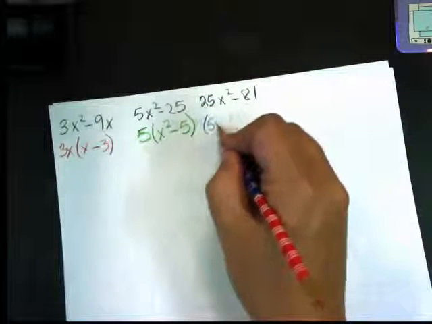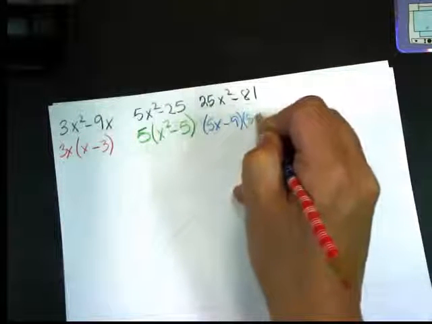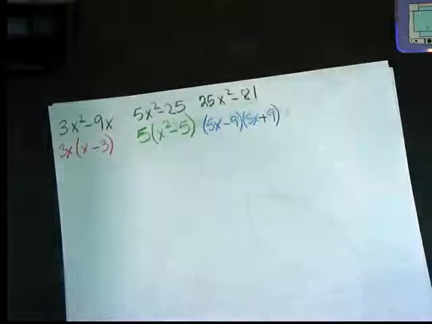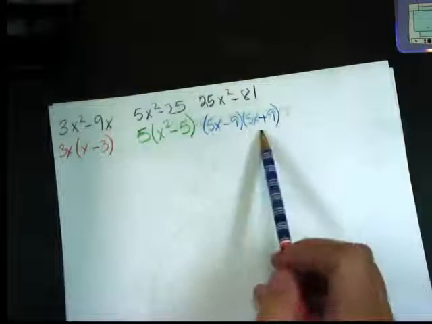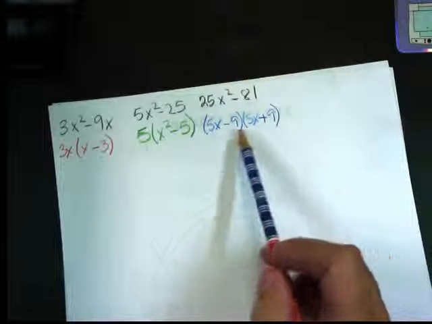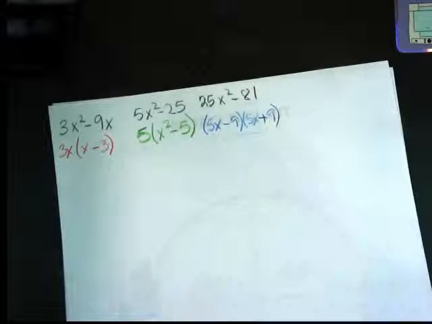It is 5x and 9, 5x opposite sign, and 9. Go back to your notes if you need to check that. The first square goes in the first spot, the second square goes in the second spot, and they're opposite signs. It doesn't matter plus, minus, minus, plus. As long as they are opposite, we are good.